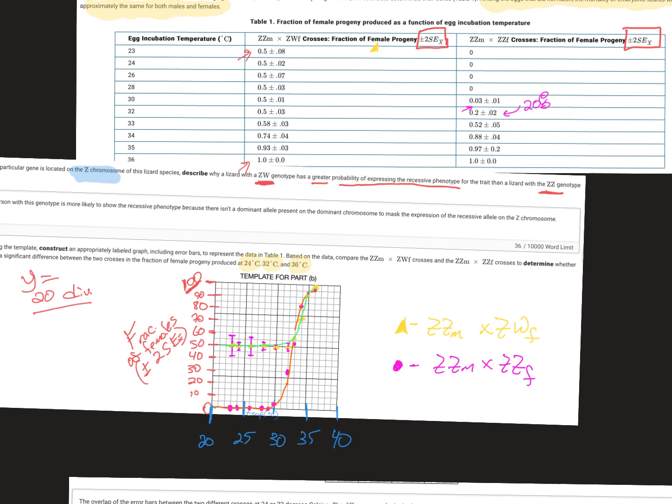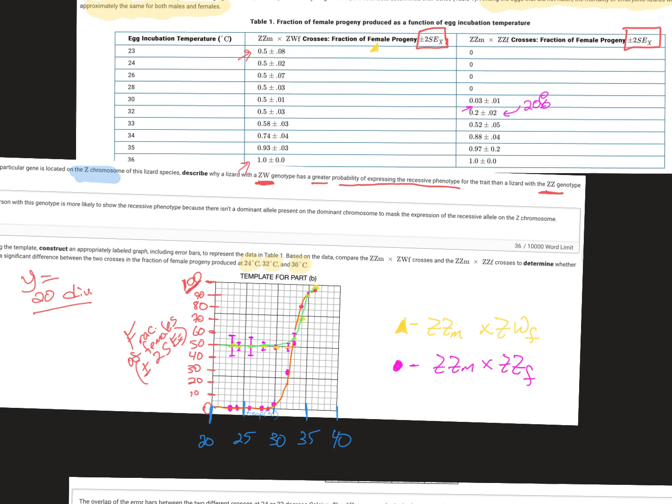33 should be at 58. It is. And it should be plus or minus 3, so something like that. Hard to read, actually.